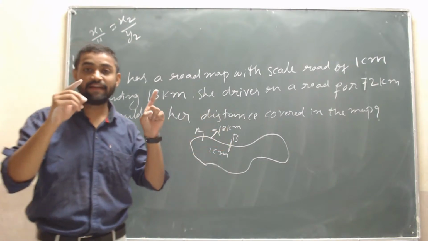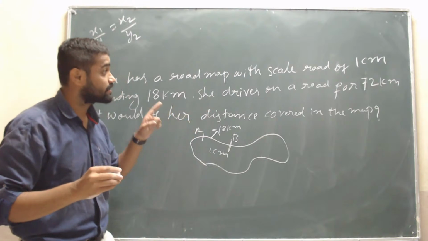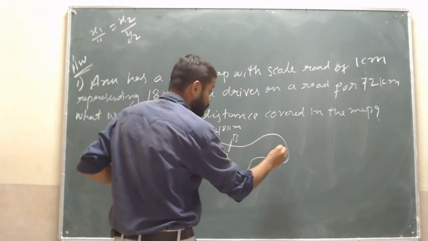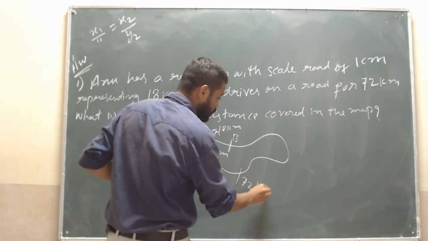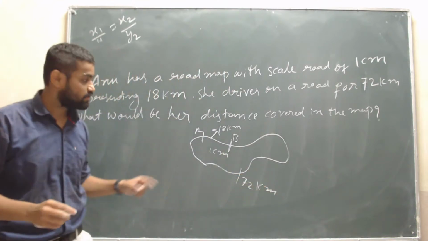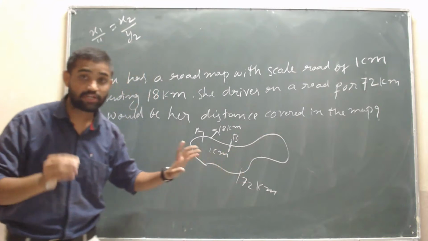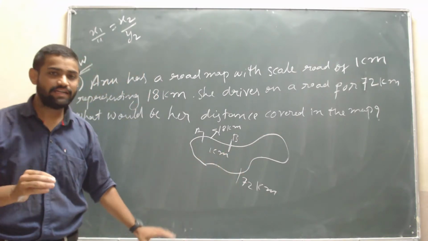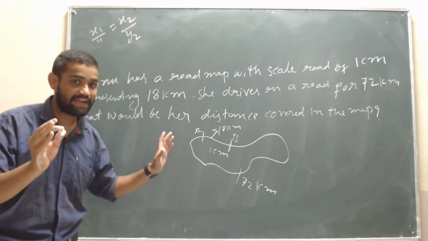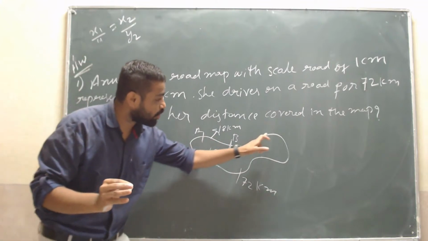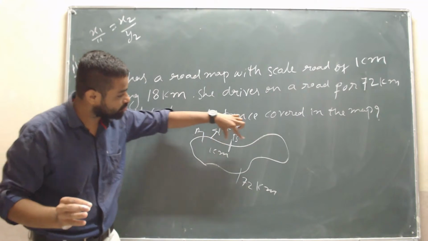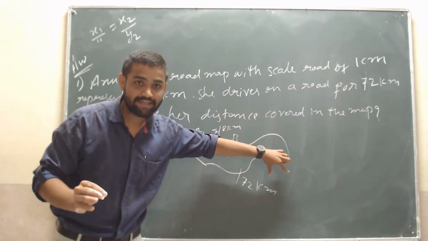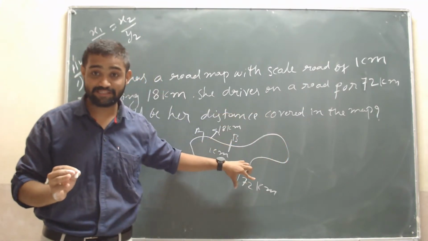Now she traveled 72 kilometers, isn't it? Then what is the length on the Google map? How many centimeters does it show us?